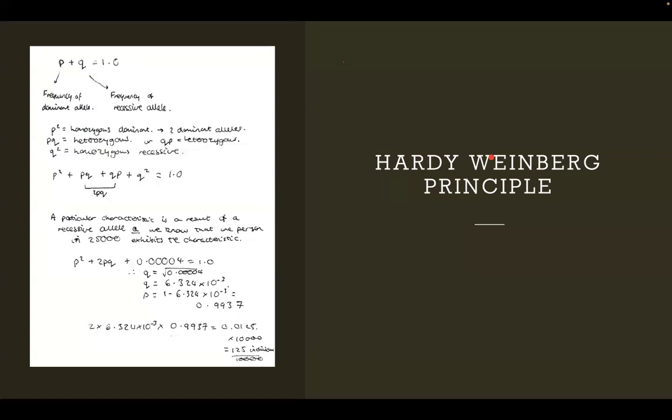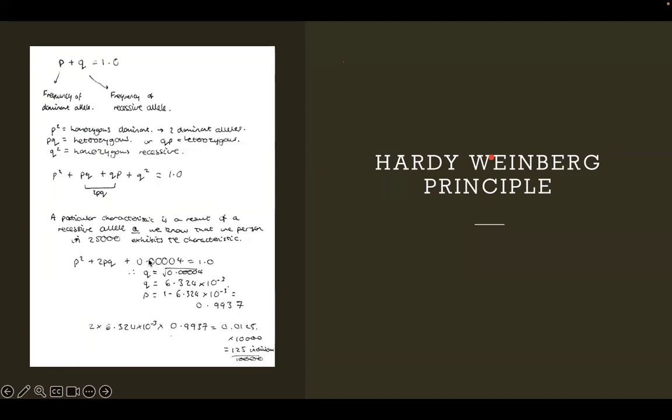I've gone through an example here. A particular characteristic is a result of a recessive allele, and we know that characteristic is exhibited by one person in 25,000. 1 in 25,000 is this number here. Because it represents q², the combination of all recessive, I've plugged that into my equation, and we know that equals 1.